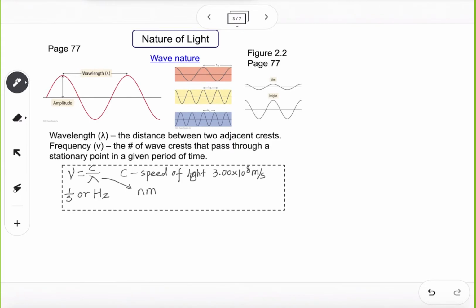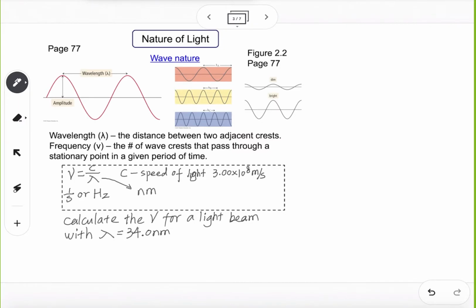Let's just do some very quick practice. Let's calculate, I'll write it here: calculate the frequency for a light beam with lambda equals 34.0 nanometers.